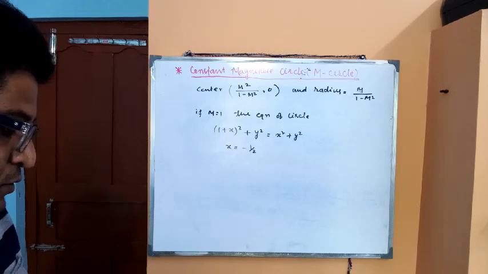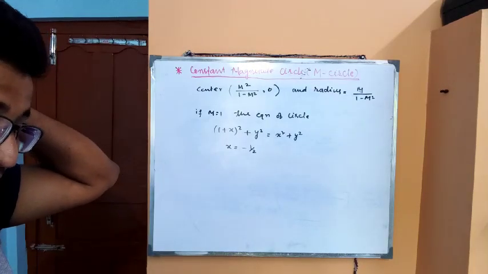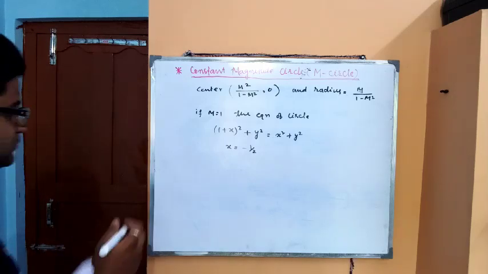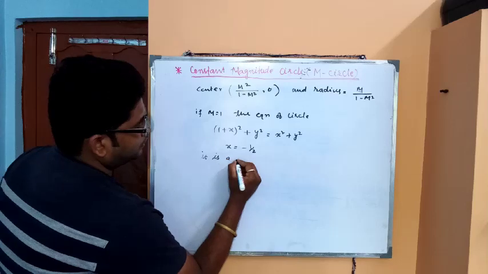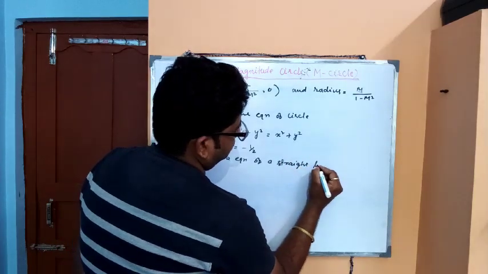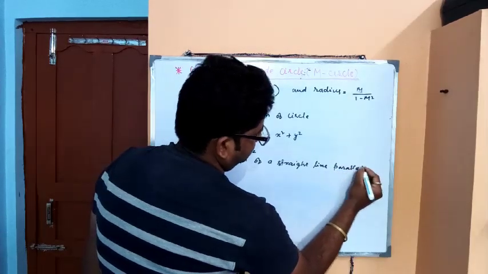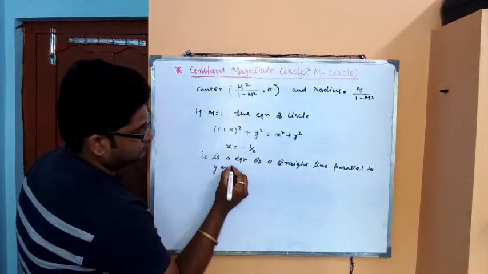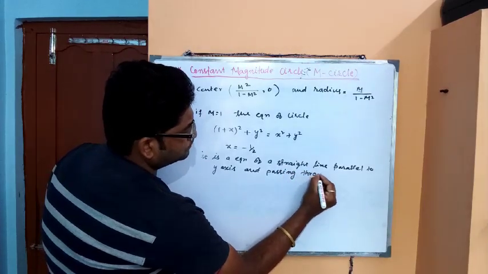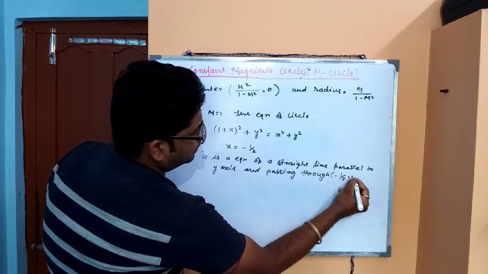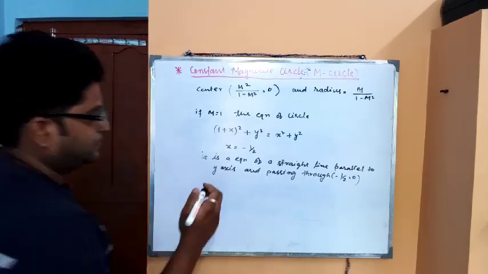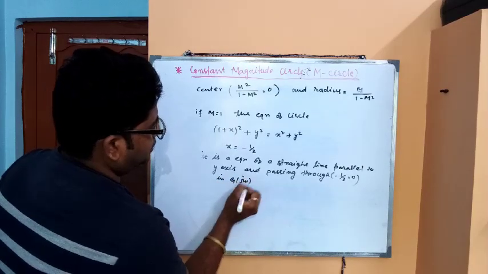Okay, and we can clearly observe that this is the equation of a straight line parallel to the y axis and passing through minus 1 by 2 comma 0, in G of j omega or S plane.